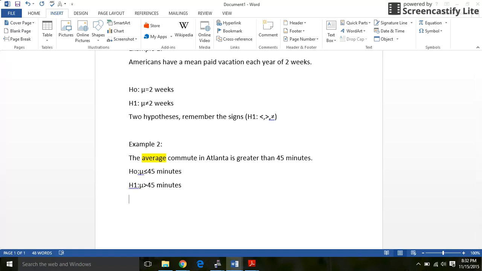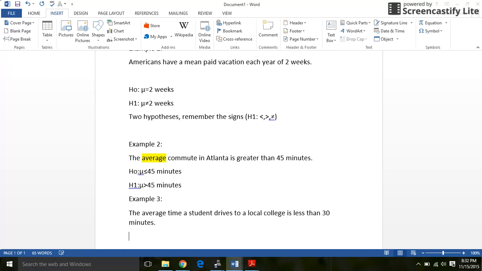Okay, so example 3. All right, let's do the average time a student drives to a local college is less than, let's say, 30 minutes.